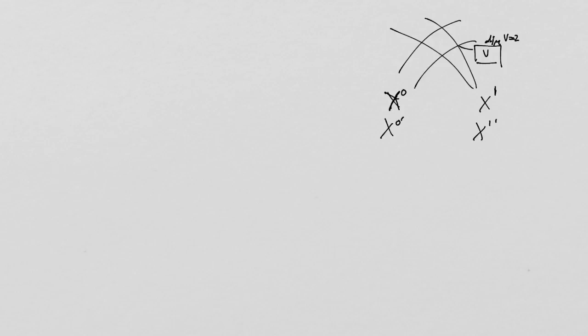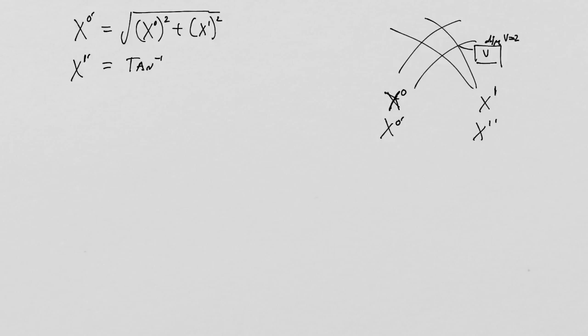And here's how the rule is going to be. x0 prime equals the square root of x0 squared plus x1 squared. x1 prime equals the inverse tangent of x1 over x0.